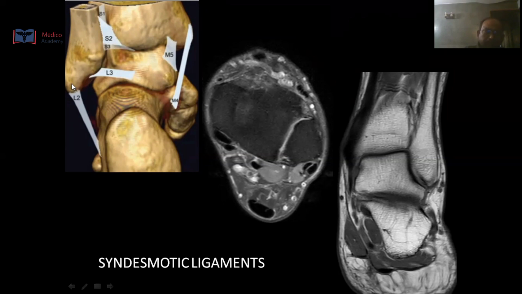There is another ligament which is called the calcaneofibular ligament. And then on the medial side posteriorly there is the posterior tibio-talar ligament, tibio-talar, and the tibio-calcaneal ligaments, which are nicely seen over here in the same MRI images.